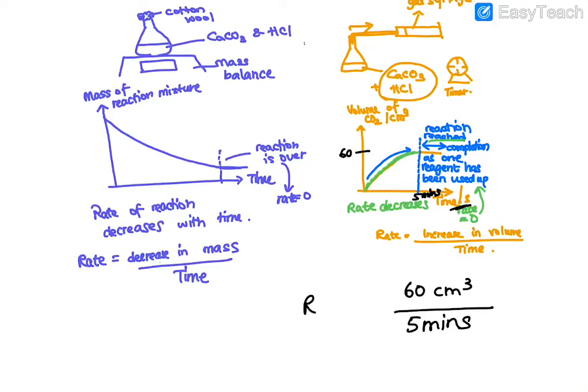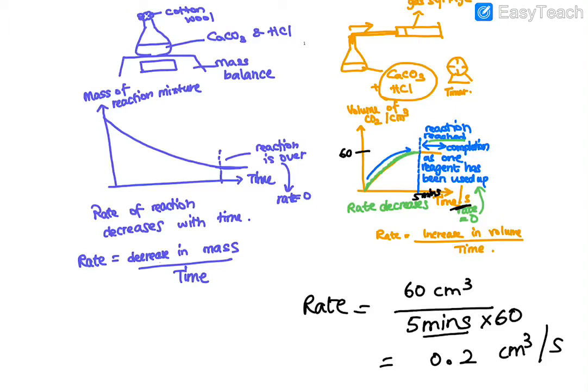So then the rate is given by centimeter cube per second. So you have to change the minutes to seconds. So when you do the calculation, it's going to be 0.2 centimeter cube per second. That will be the rate.